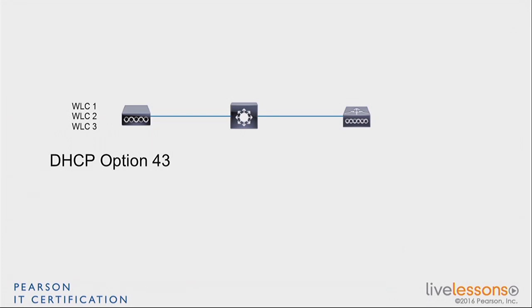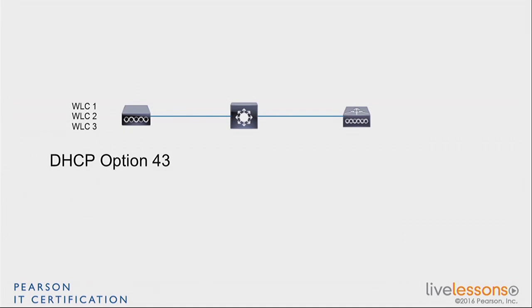What that one says is, if you are a vendor and your device is going to get a DHCP assigned IP address, maybe you need to send to that device specific information which is vendor-specific, meaning that only that device belonging to that vendor is going to understand what that information means. Well, if you need to do that, there is an option in DHCP where you can do that.